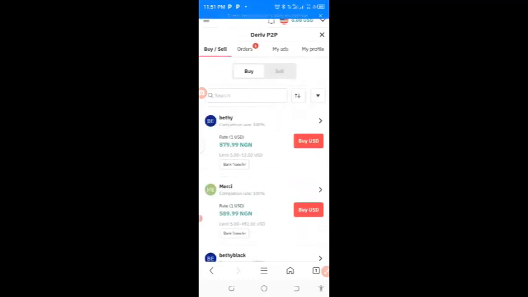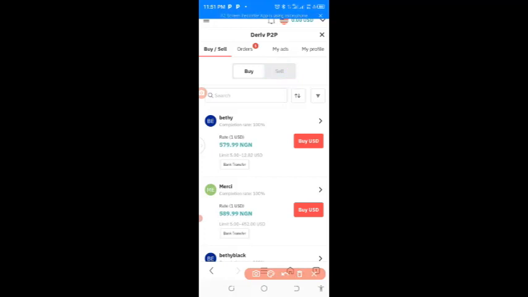If you want to sell, you can also look at this place. Maybe you buy dollar at a cheaper rate or a lower rate here and you want to sell it. This is where you go. Just click on that place.